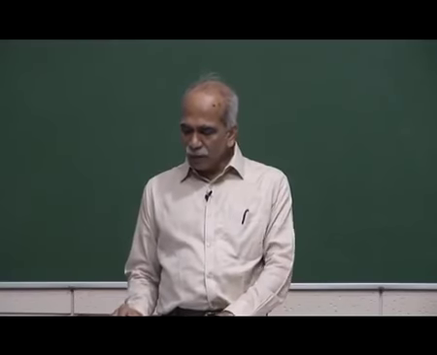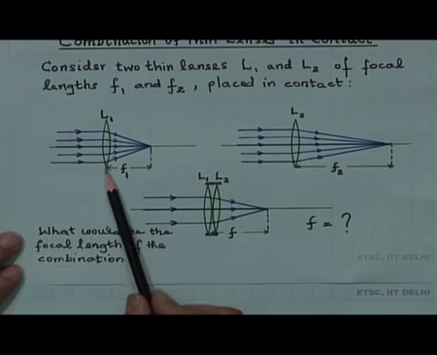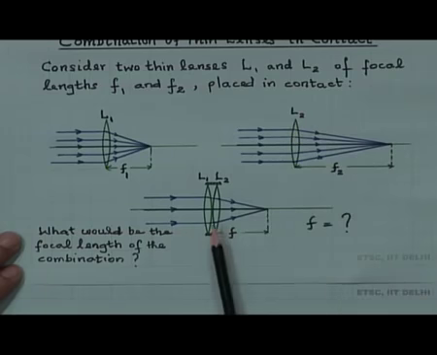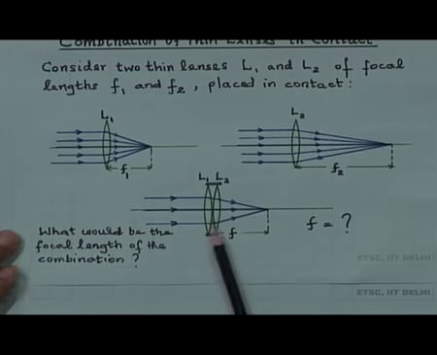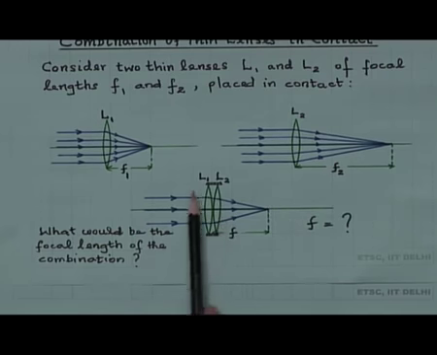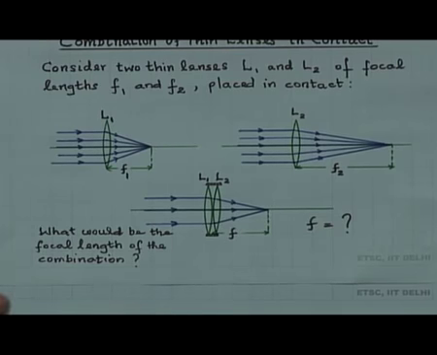Now, there are other combinations possible. In this case, I have shown that it is converging because intuitively I know that the first lens is converging, the second lens is also converging, therefore, the combination must be converging. But in a general case, when you have one convex lens, one concave lens for example, it is not possible to straight away say whether the combination will act as a converging lens or a diverging lens.